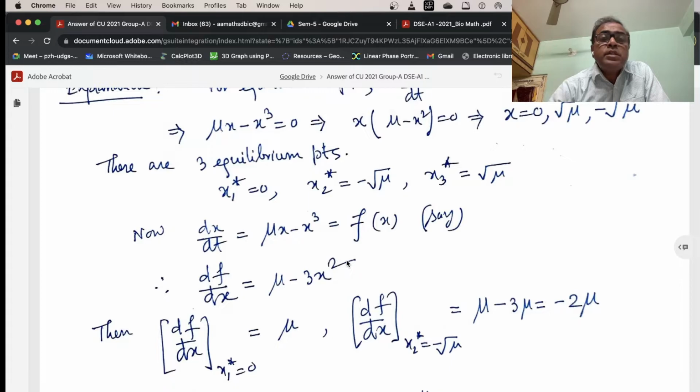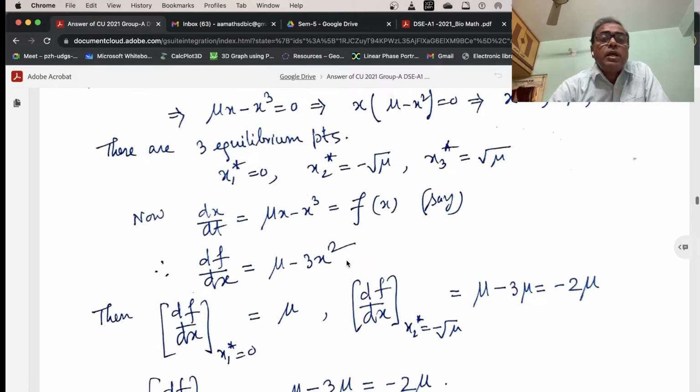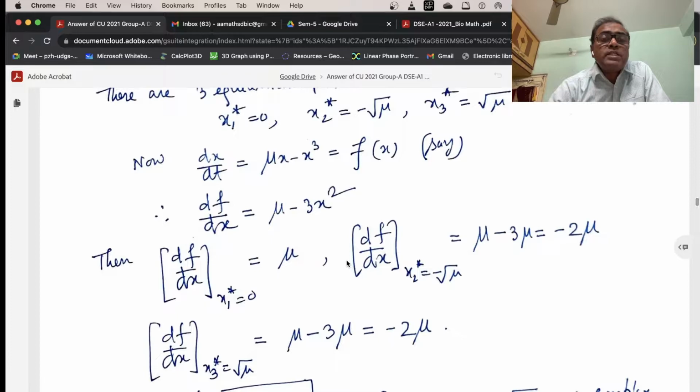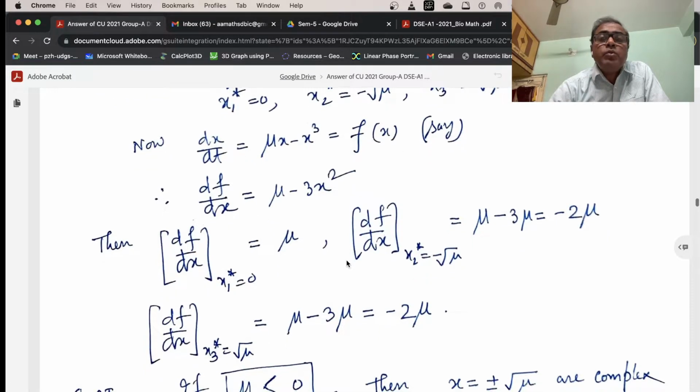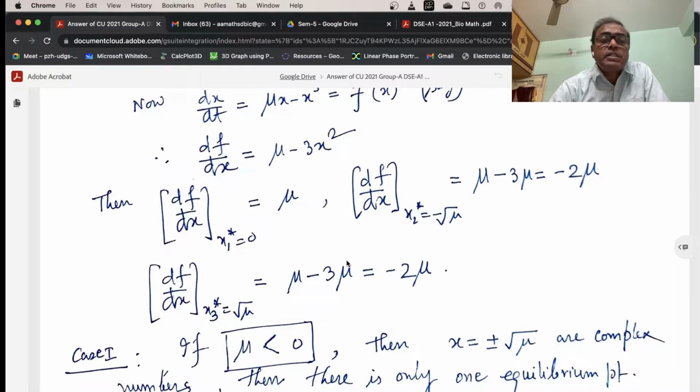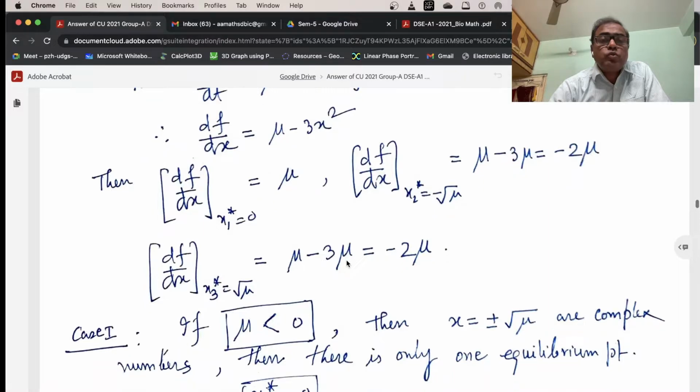And dx dt equal to mu x minus x cube equal to f of x. So df dx equal to mu minus 3x square. So df dx at the point x1 star equal to mu, df dx at the point x2 star equal to minus 2 mu, and df dx at the point x3 star equal to minus 2 mu.